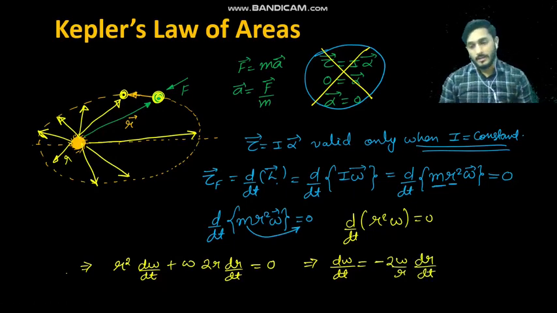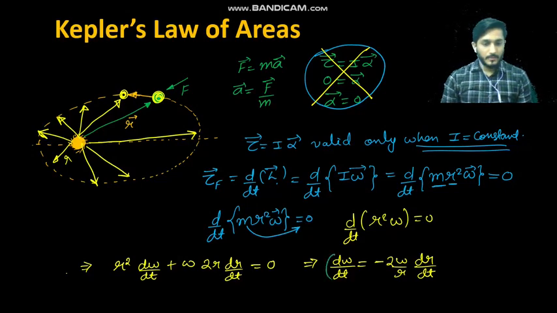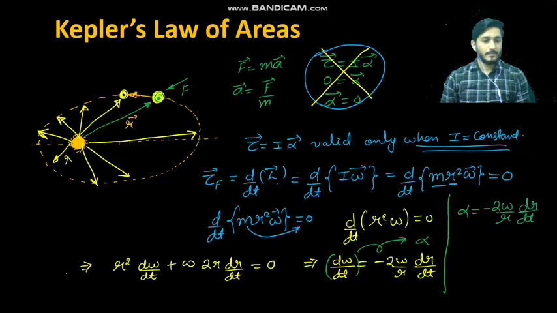Here we got alpha, where d omega by dt is nothing but angular acceleration alpha. So I am writing it over here. Alpha is equal to minus 2 omega by r dr by dt. Now everything is consistent.